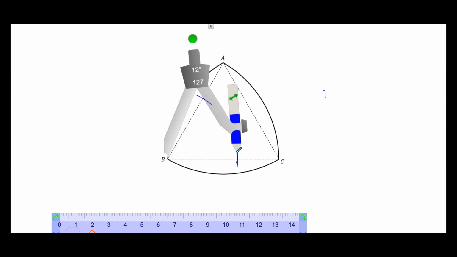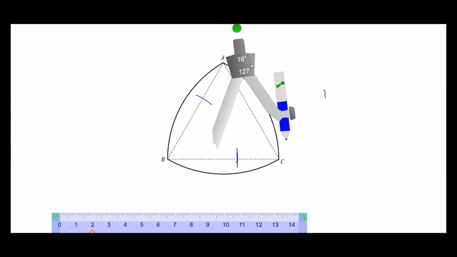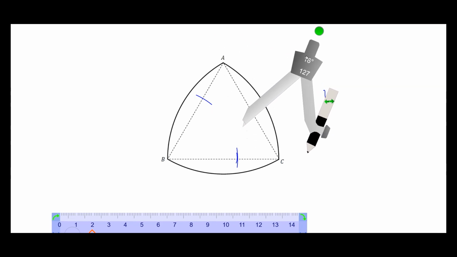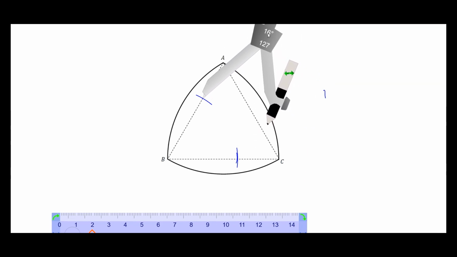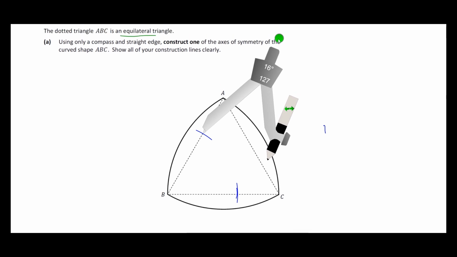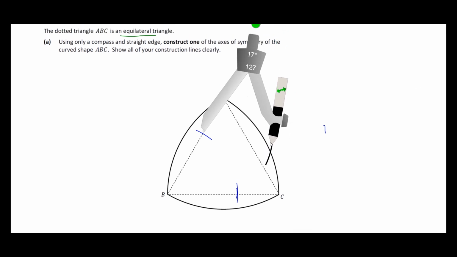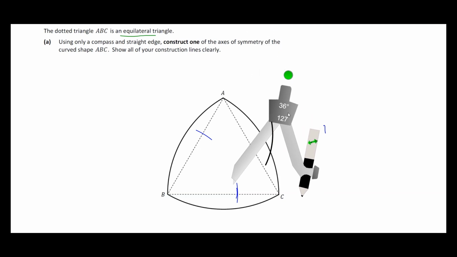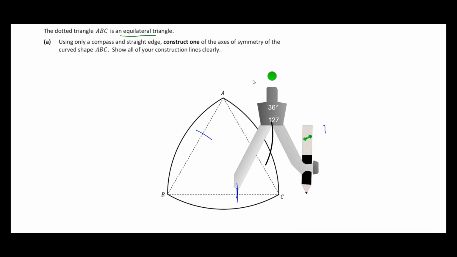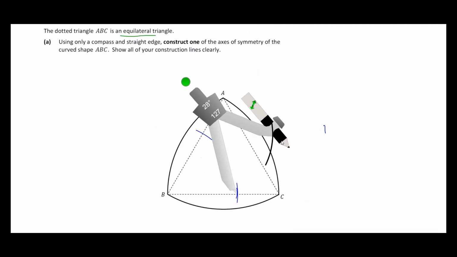Then without changing our compass, we put it here and draw an arc. Then do the same from the second arc, and again draw the arc.